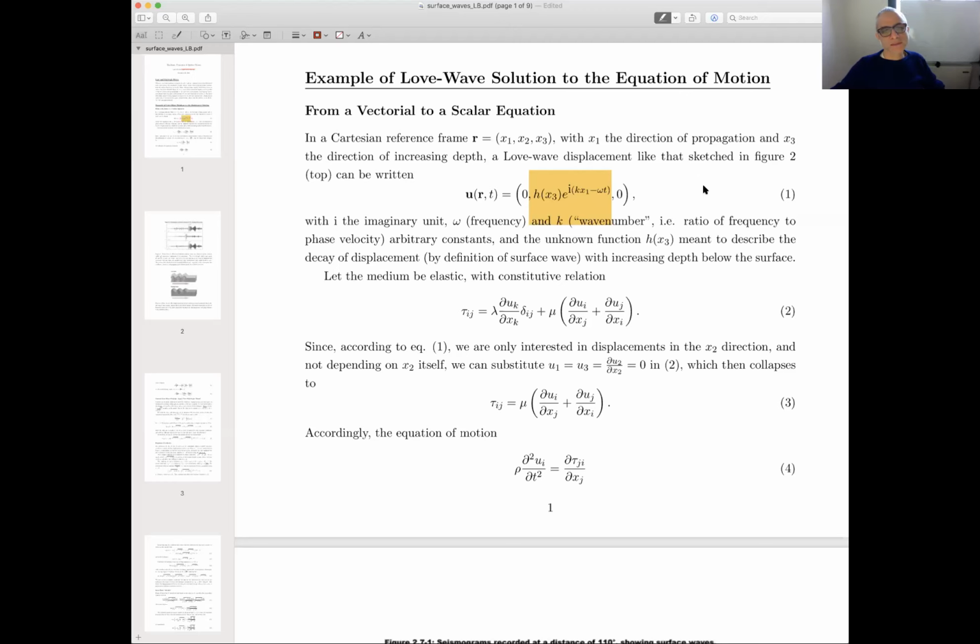We probably didn't, but if you do a little bit of algebra, you can convince yourself that this is something that travels in the x1 direction. The displacement changes as a function of x1 at a given instant in time, but not as a function of x2.